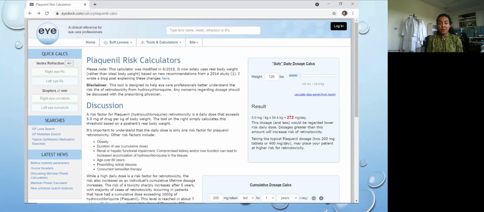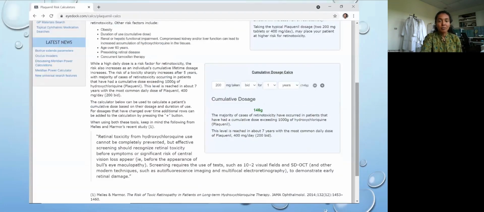So if you want a good resource to calculate what is a safe daily dose for your patient, or even calculate the cumulative dose, this is a wonderful resource, but there are also many other calculators that you can use for the risk factors for Plaquenil. So I'll give you an example in the upcoming slides. So here's the same website where you can calculate the cumulative dose that a particular patient is on.